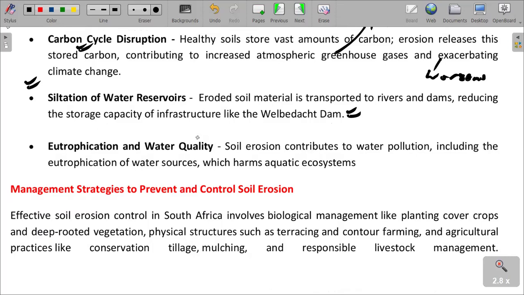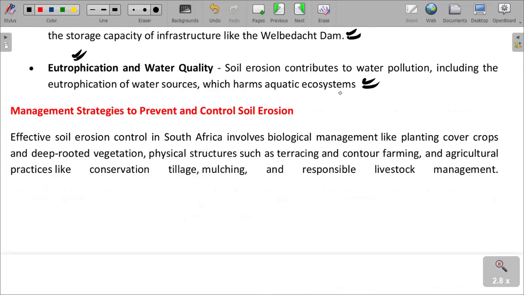Eutrophication and water quality, we have already mentioned that soil erosion contributes to water pollution and eutrophication of water sources, harming aquatic ecosystems. These are quite notable challenges which we cannot overlook.